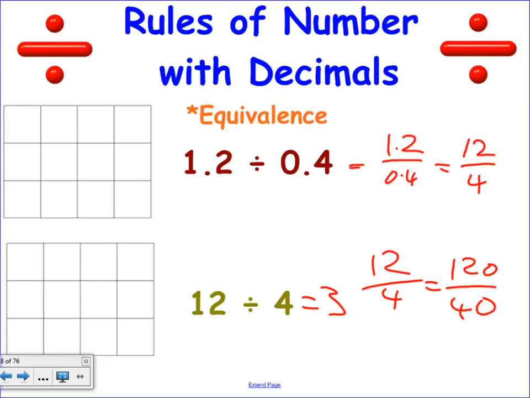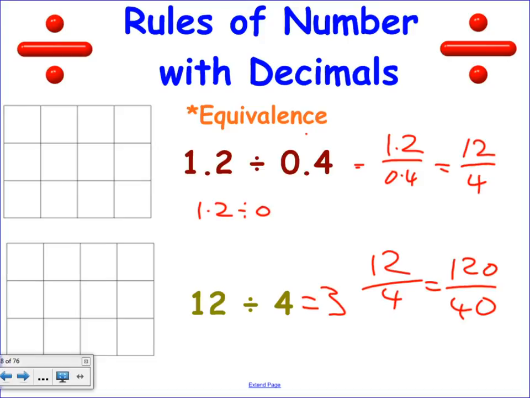I still get the same answer because it's still equivalent, isn't it? So the trick with dividing decimals is to make the thing doing the dividing a whole number by multiplying it by 10 or 100, and whatever you do to that one, you have to do to this one to keep it equivalent. Okay? So let's have a look at 1.2 divided by 0.4.